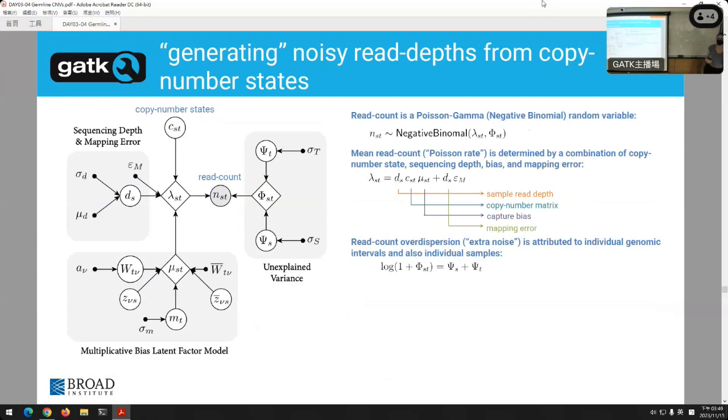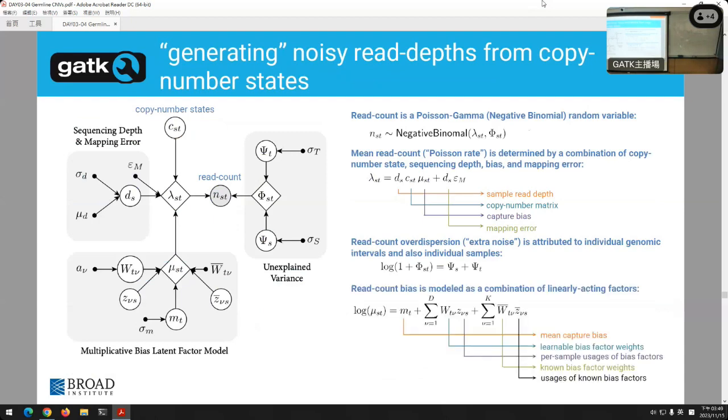We can write an equation that says that read count over-dispersion, which is just extra noise that we weren't able to model with other variables, varies depending on the genomic interval and the particular sample. And our read count bias is a combination of both known and unknown latent factors, which have different weights in different individuals and different genomic intervals.